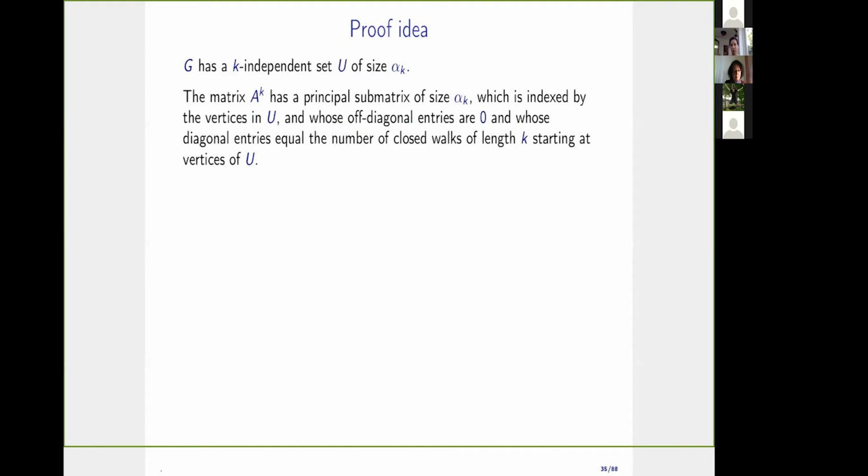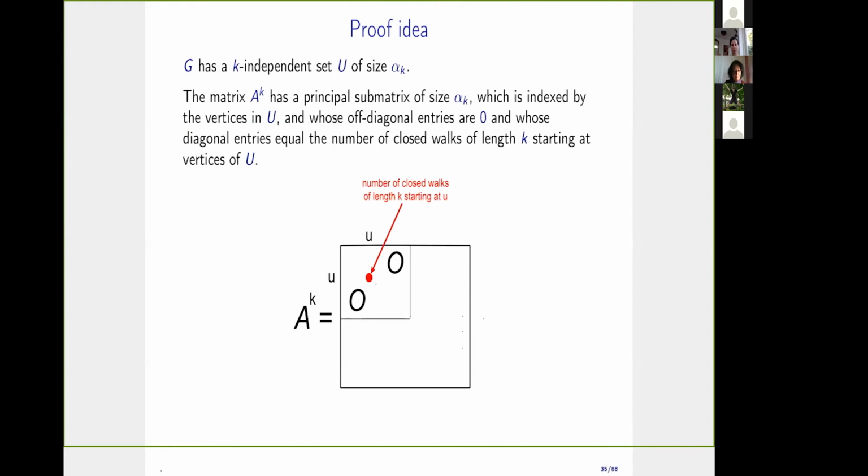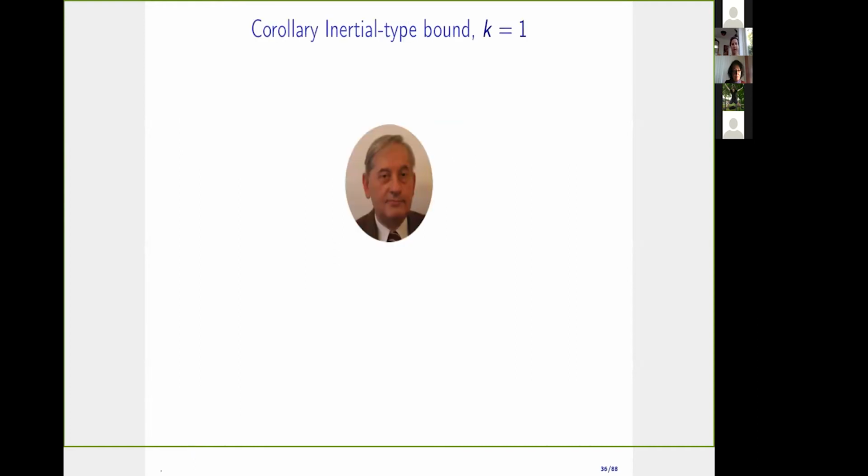And we also know that the diagonal entries equal the number of closed walks of a certain length, starting at one vertex and finishing at the same vertex, because we're on the main diagonal. So in particular, we're going to have something like this. And of course, one can just go and check the eigenvalue interlacing inequalities, and Cauchy interlacing would lead you to the result. Okay? And obviously, for the K equals 1 case, this gives you the Cvetković bound.